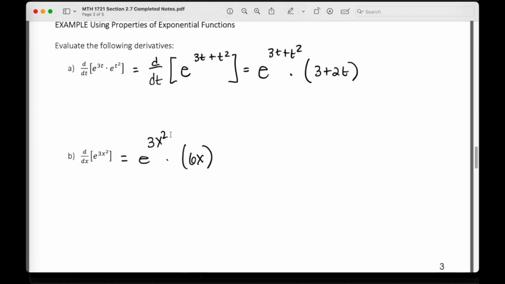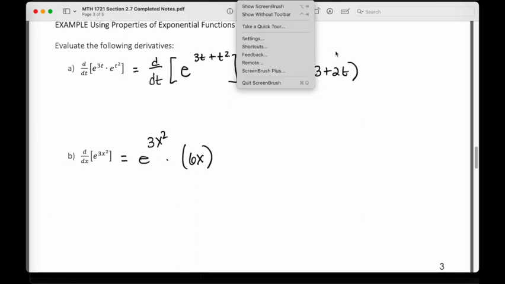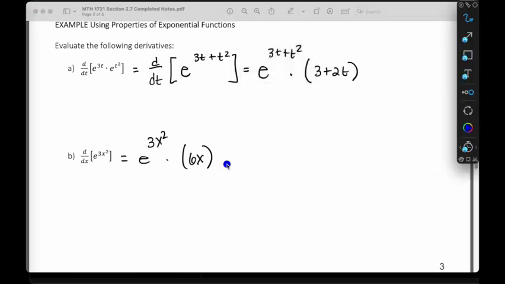So looking at these two examples here, I'm going to simplify this first before I take the derivative. If I took the derivative as is before I simplified, I'd have to use the product rule and the chain rule. And it could get a little bit messy, not too bad, but if I combine them first, it makes it a lot easier.